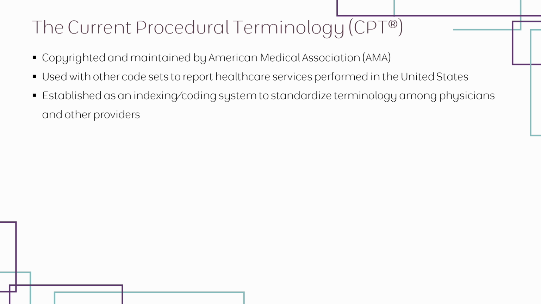Following Medicare's lead, both Medicaid programs and commercial insurance plans quickly incorporated CPT and HCPCS Level 2 codes into their billing requirements. Today, these code sets are universally used across the United States healthcare system in order to ensure accurate reporting, efficient processing, and consistent reimbursement for healthcare services.